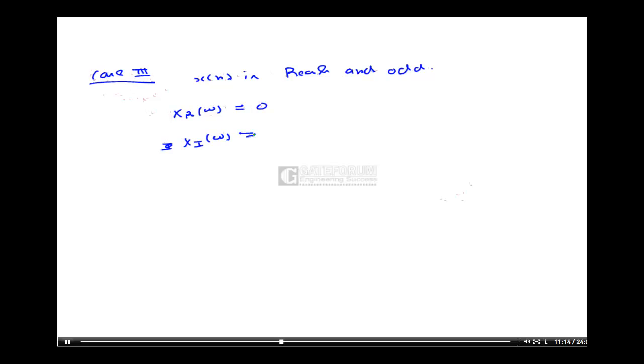Another case, third case, x[n] is real and odd. In this case, X_r(omega) is equal to 0 and X_i(omega) equal to minus 2 times the summation n equal to 1 to infinity of x[n] sin omega n.